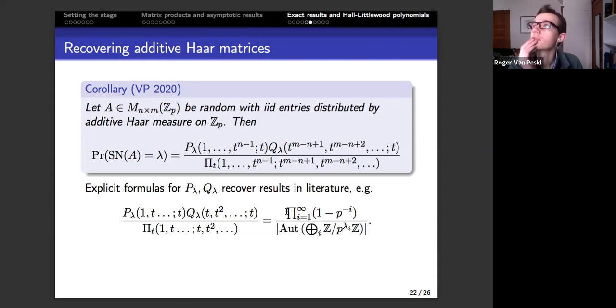Yeah, so definitely in the complex setting, these simultaneous limits have been studied. I know Andrew has done work on these simultaneous limits.